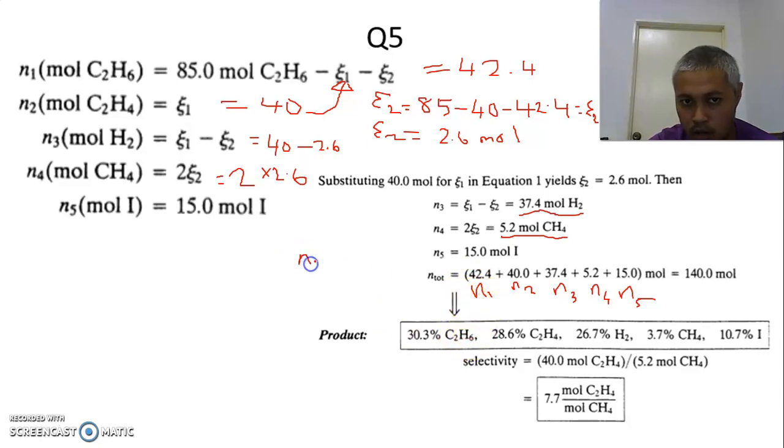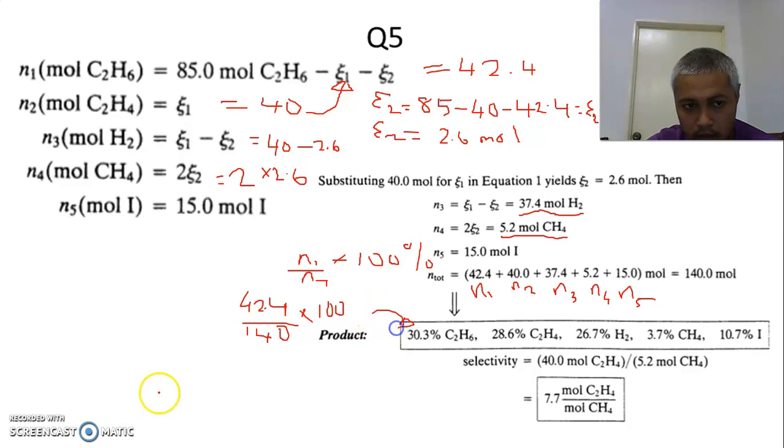I will just show you one example. N1 over N total, times 100%. We have N1 42.4 over 140 times 100. That's why we get this value, and you can calculate for others as well.